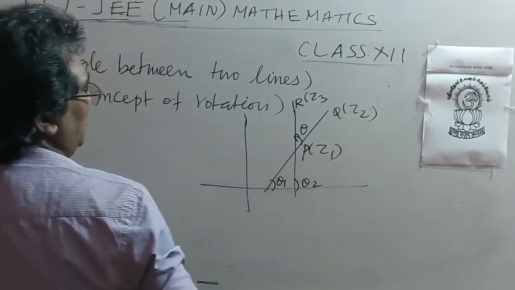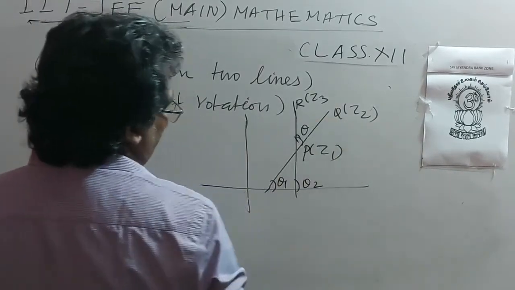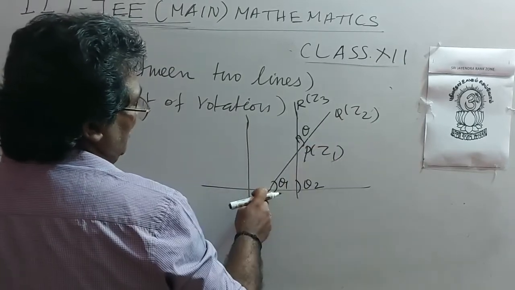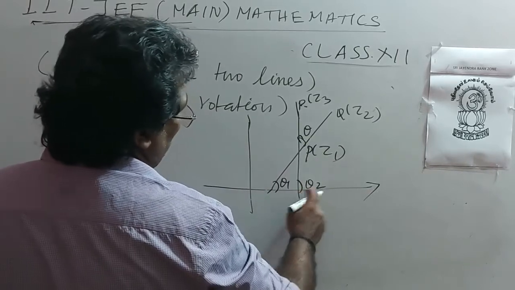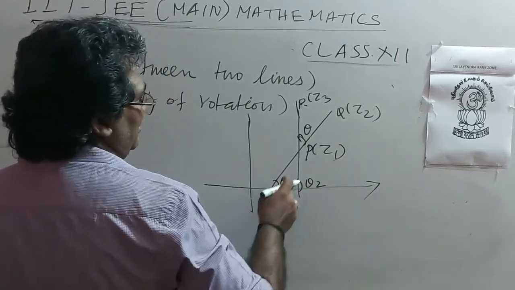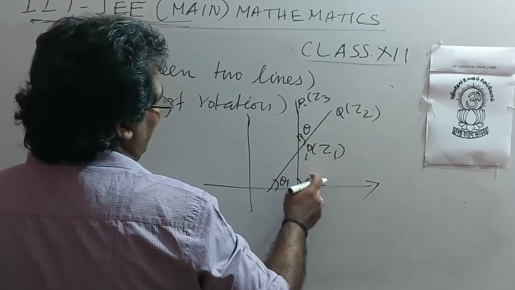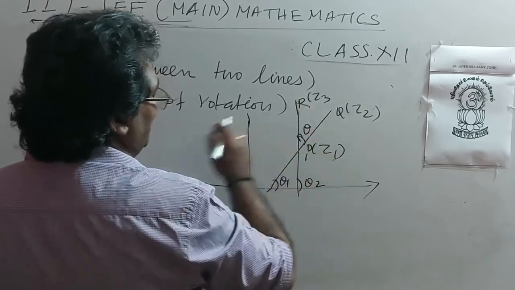So P represents Z1, Q represents Z2, R represents Z3. Z2 makes angle theta 1 with the real axis. Z3 makes angle theta 2 with the real axis. So the angle between PR and PQ is theta.